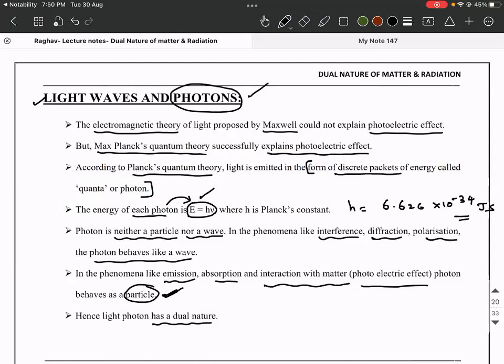You want to copy this? Yeah, please. Shall I proceed? Yeah.